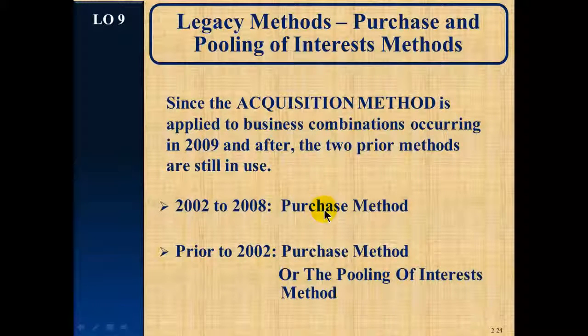The purchase method really is very similar to the acquisition method that we refer to today, and you did have goodwill. It still had a fair value element to it, but if you couldn't use pooling of interest, then you defaulted to using the purchase method. And the thing I would say is different about purchase method versus what we now call the acquisition method, you are focusing on the acquiree and their assets and liabilities and really drilling down on what the market value is on that acquiree's assets and liabilities.